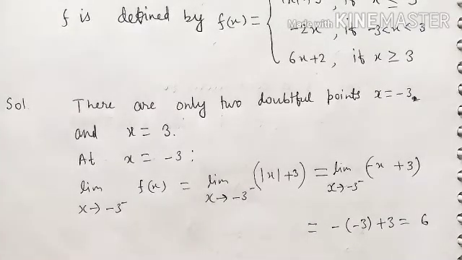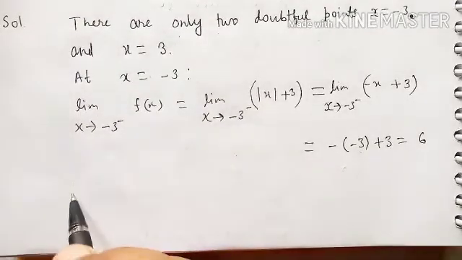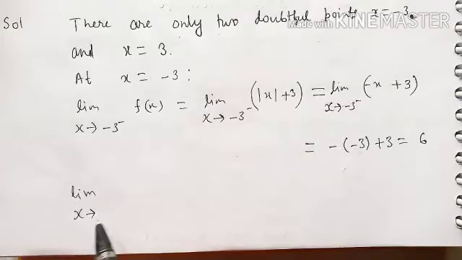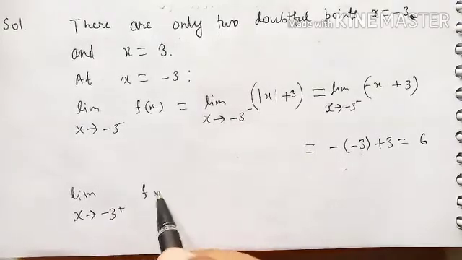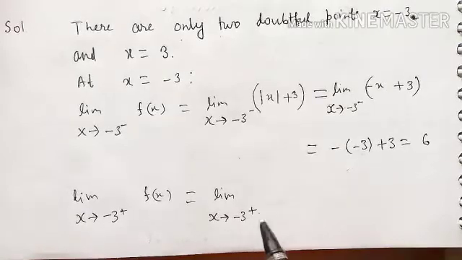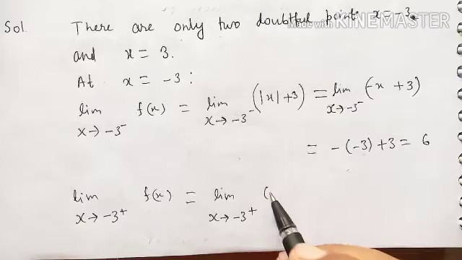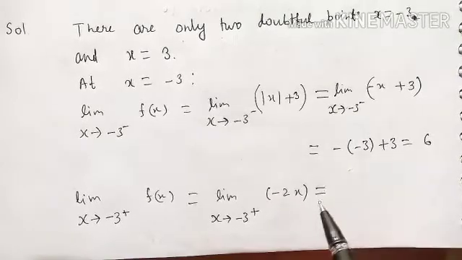Let us find the right hand limit. Limit as x tends to minus 3 plus of f(x). Here f(x) will be minus 2x. Here we take f(x) when x is greater than minus 3.